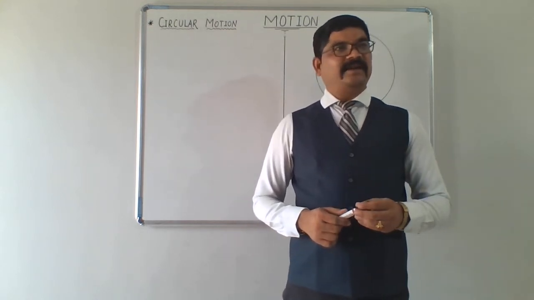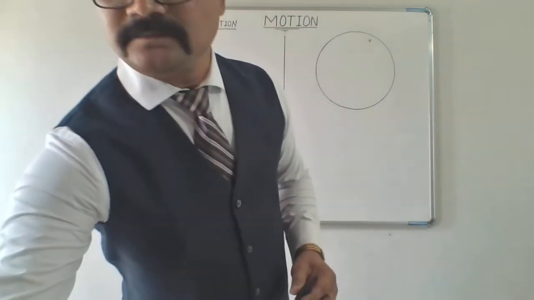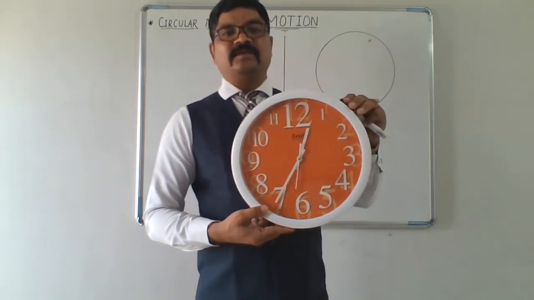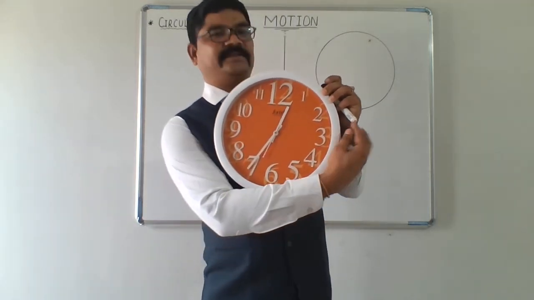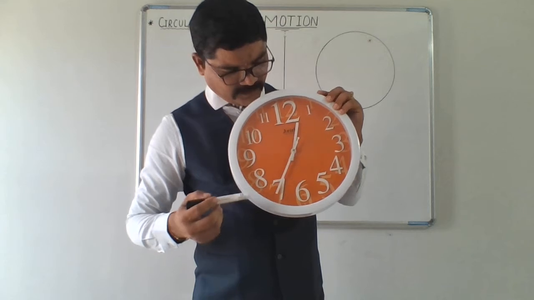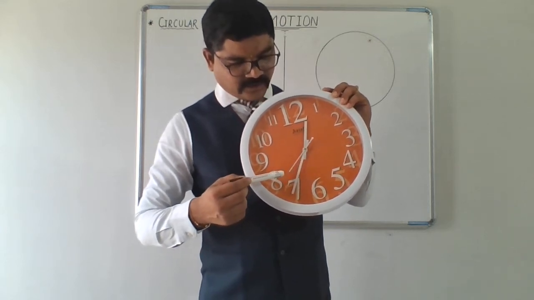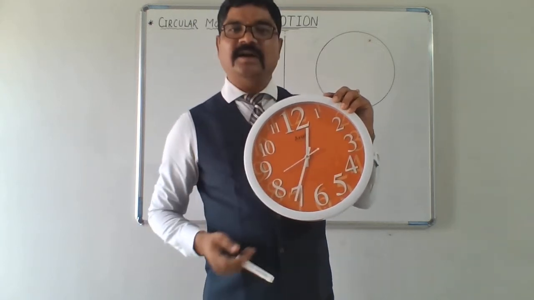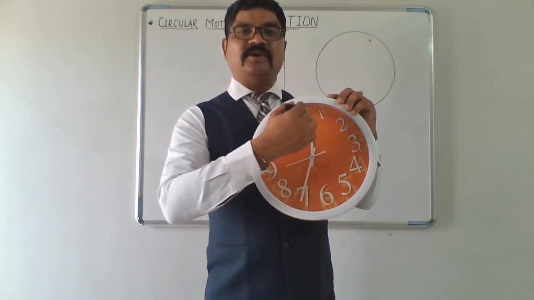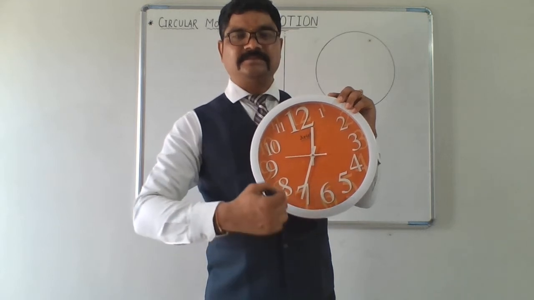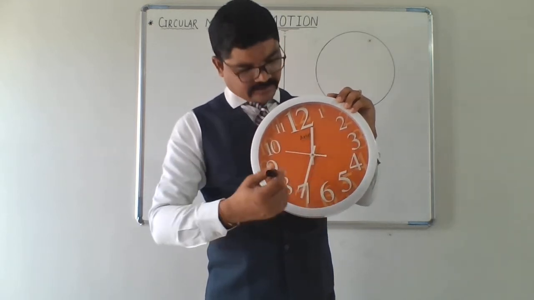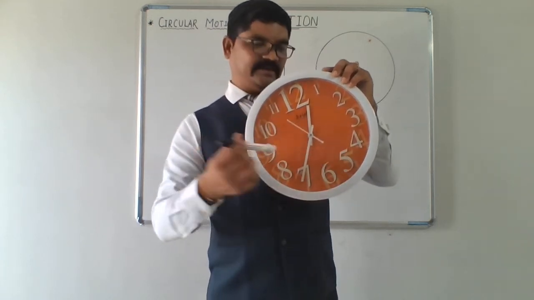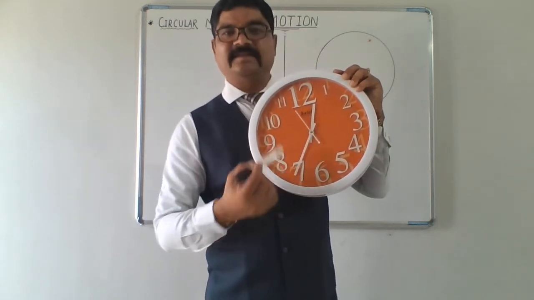Motion of hands of a clock. Suppose we have a clock like this, and if we talk about the motion of the second hand, minute hand, or the hour hand, they keep on revolving around this axis, the central part, the main part of this will be the axis.